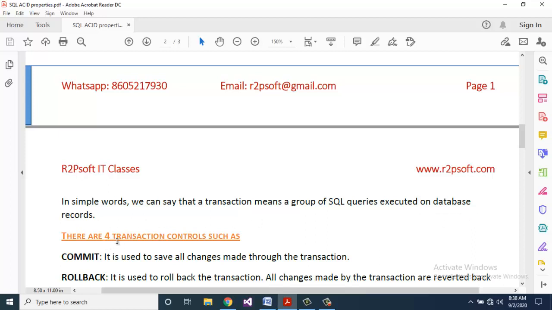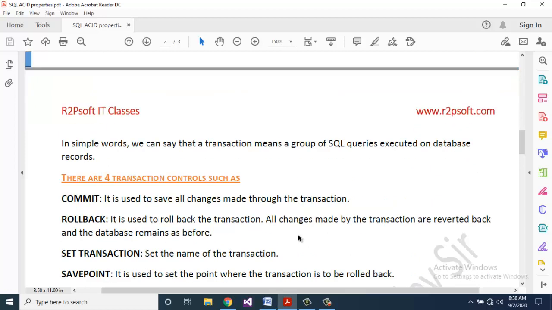There are four transaction controls such as commit. It is used to save all changes made through the transaction. Rollback. It is used to roll back the transaction.